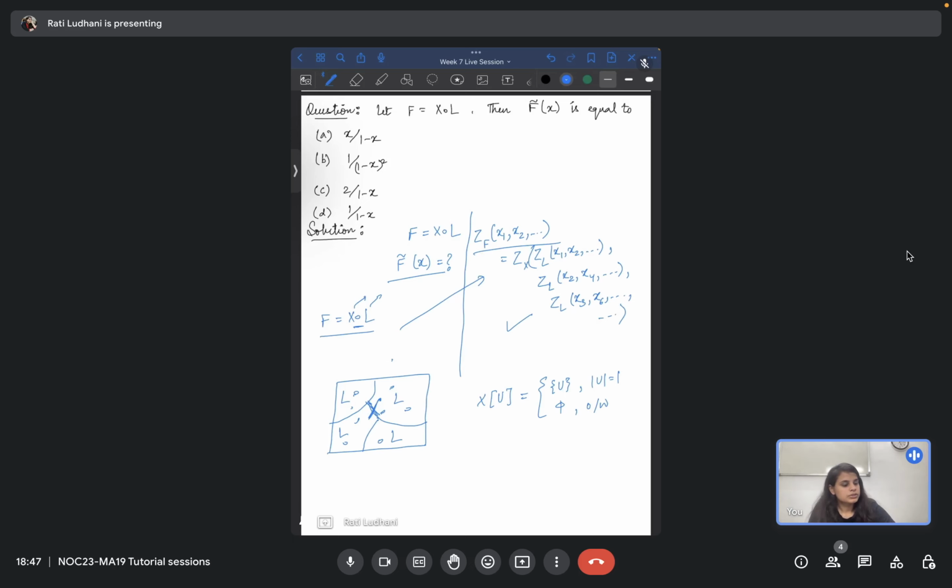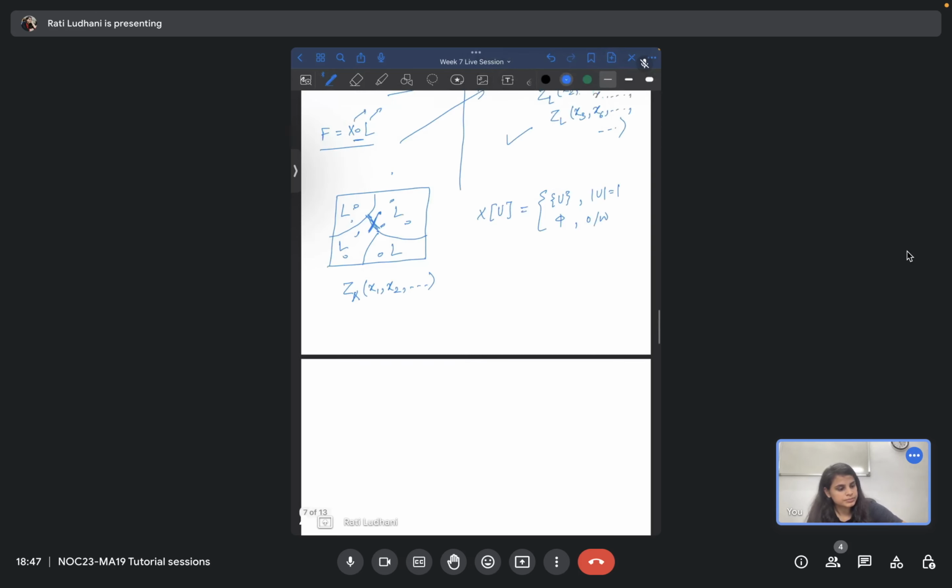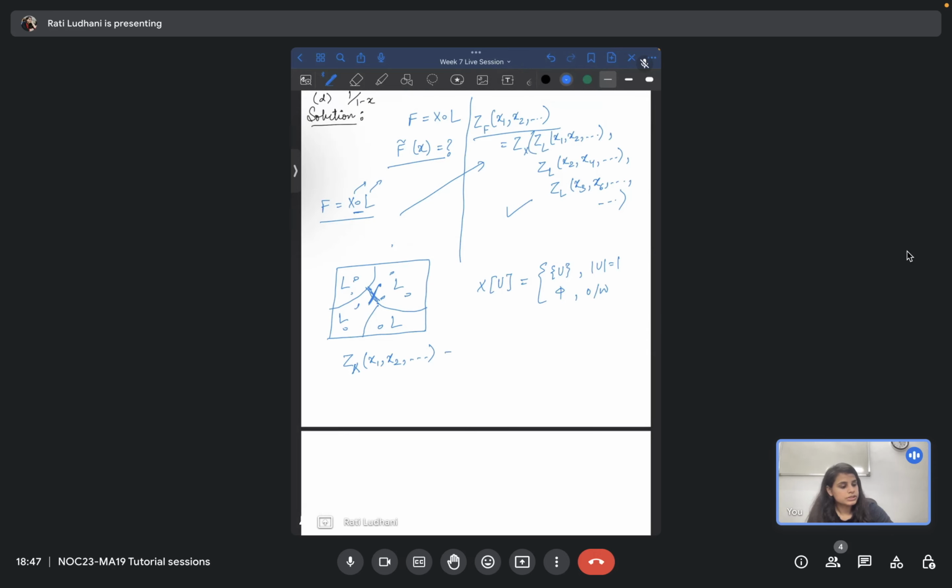So for this, z x x1 x2. We are calculating what this is. This is from the sum, n belongs to N.